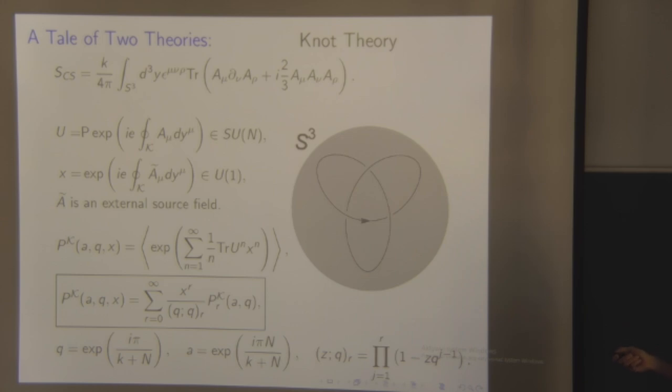So this is one of the main objects that you need to keep in mind. So this is the generating series for the colored HOMFLY-PT polynomials. This is the q-Pochhammer symbol, used for our normalization convention, reduced normalization, sorry.